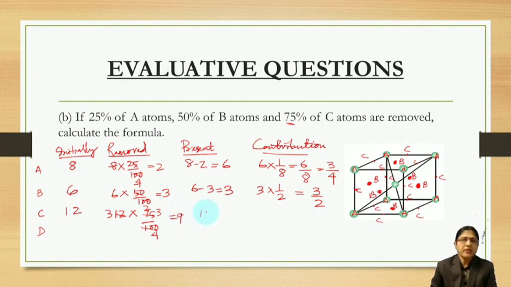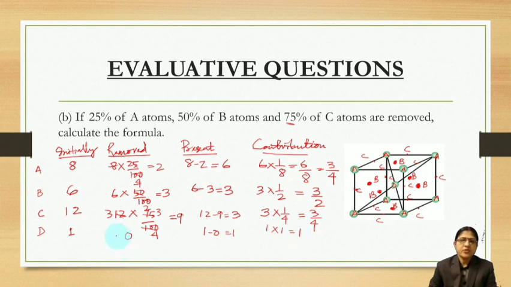So present how many? 12 minus 9 is equal to 3. And their contribution, edge center contribution is 1 by 4. So 3 into 1 by 4, that is 3 by 4. Then D is the body center. So body center initially 1 and no body center atoms are removed. So removed 0. So present how many? 1 minus 0, 1, and their contribution is 1.